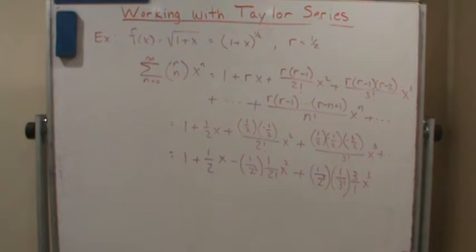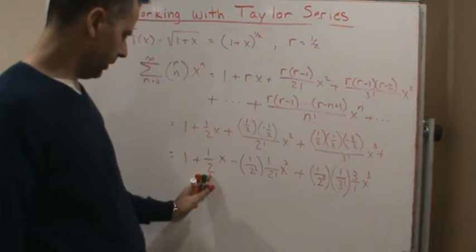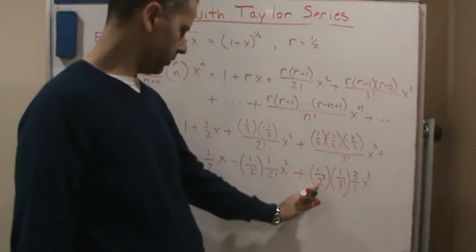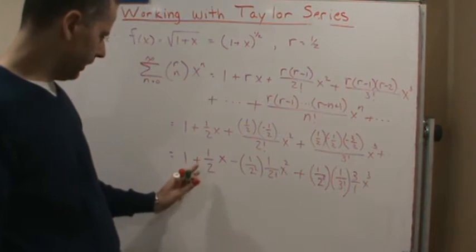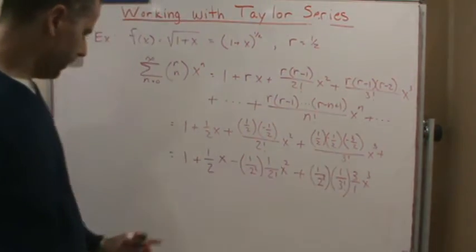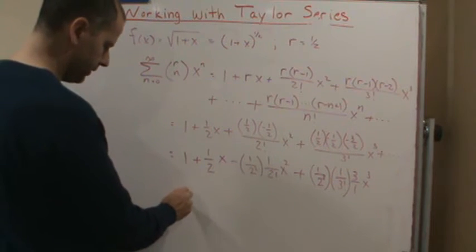So actually this pattern starts with this one: 2 to the first, 2 squared, 2 to the third. Then it goes plus, negative, plus. So if we don't include the 1, this is what we end up getting.